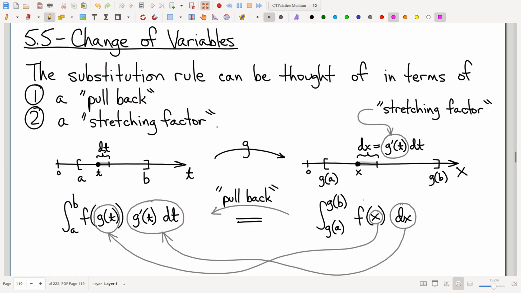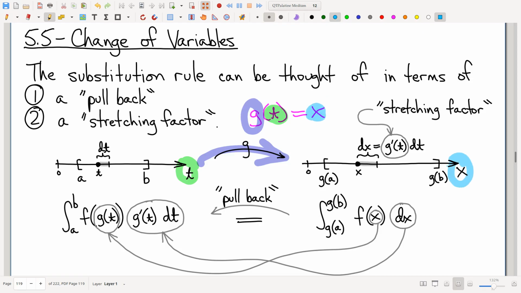When I write down an equation like x equals g of t, yes, that is algebra, but also I can think of g as a function that takes t as its input and gives x as its output.